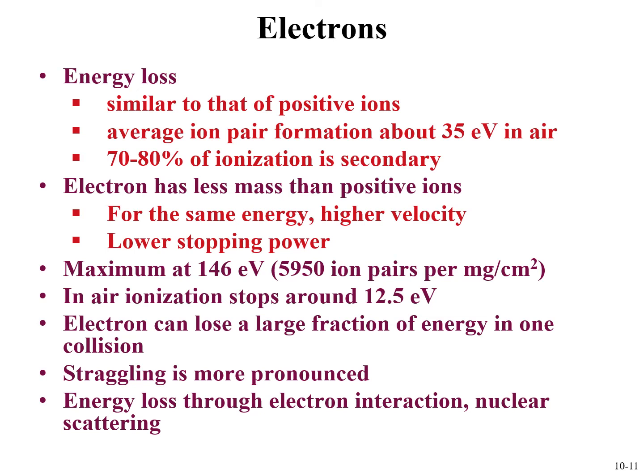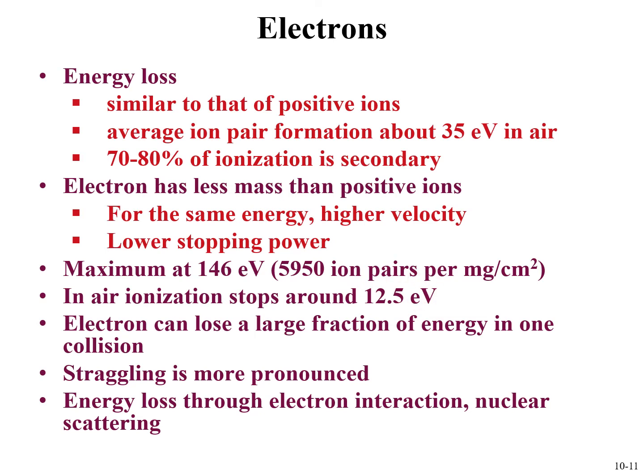At a maximum of around 150 electron volts, you get close to 6,000 ion pairs per milligram per centimeter squared. In air, this ionization stops around 12.5 electron volts. So once you get down to that energy, the electrons are going to stop.